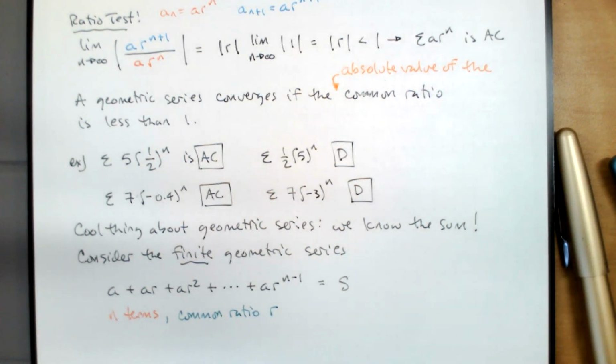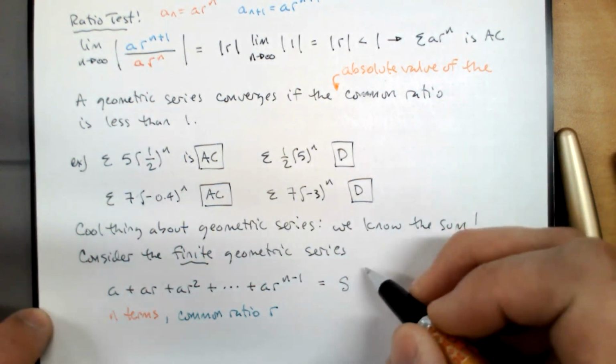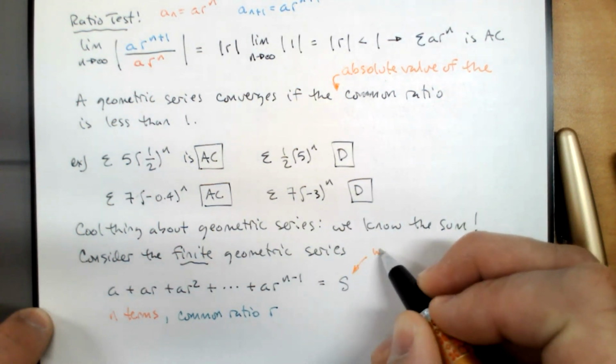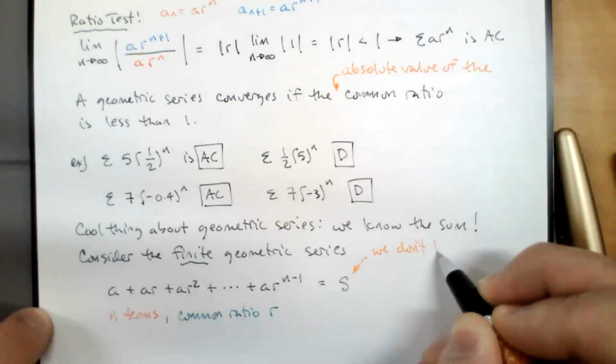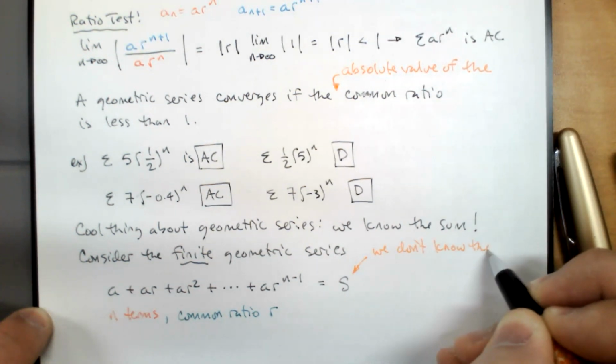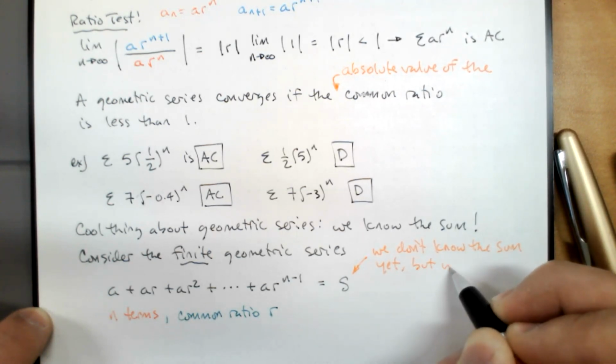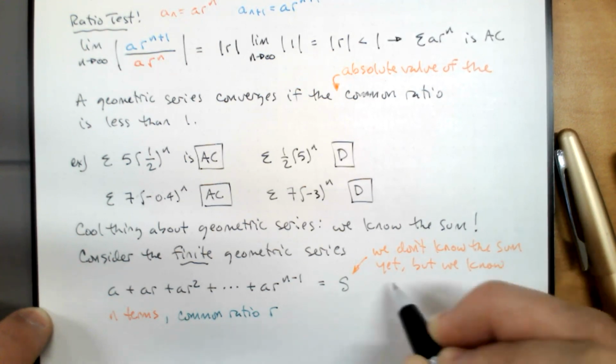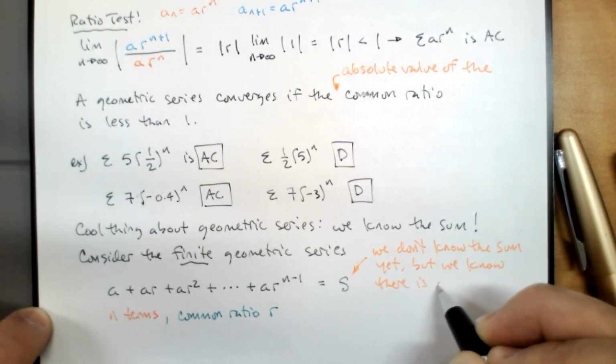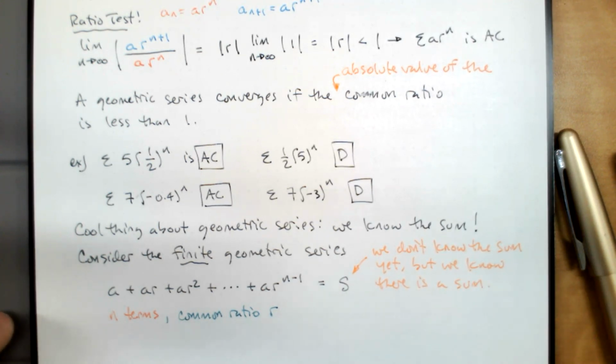Right now, we don't know what the sum is, but we know that there is a sum, so I'm just going to call it S. We don't have to worry about convergence because we are looking at a finite geometric series.